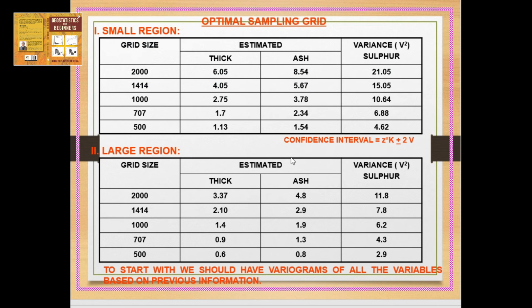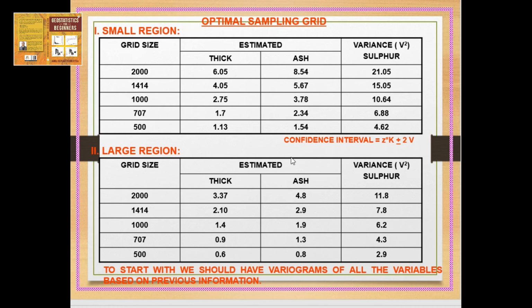Now we come to the optimal sampling grid for a small region. Grid size 2000, thickness 6.05, ash is 8.54, variance sulfur 21.05. Once you decrease to grid size of 1414, that is along the diagonal, the estimated thickness variance is lowered.